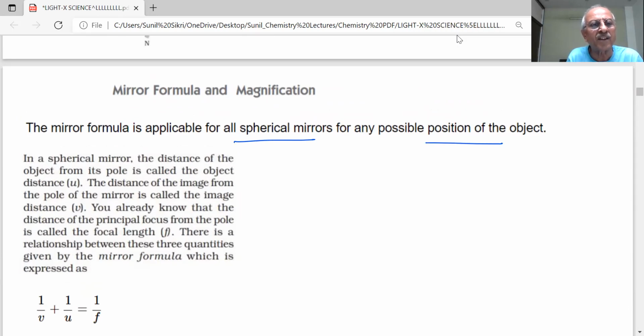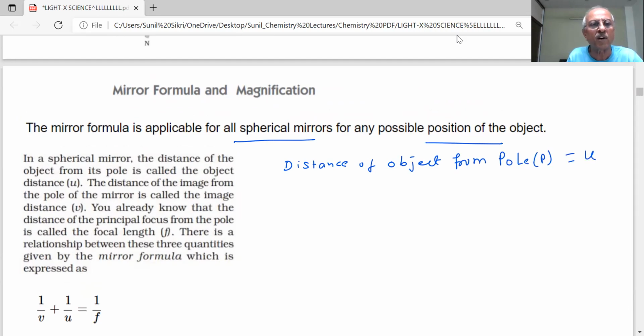In a spherical mirror, the distance of the object from the pole is called u. So the distance of the object, which you will measure from the pole, P, is equal to u.